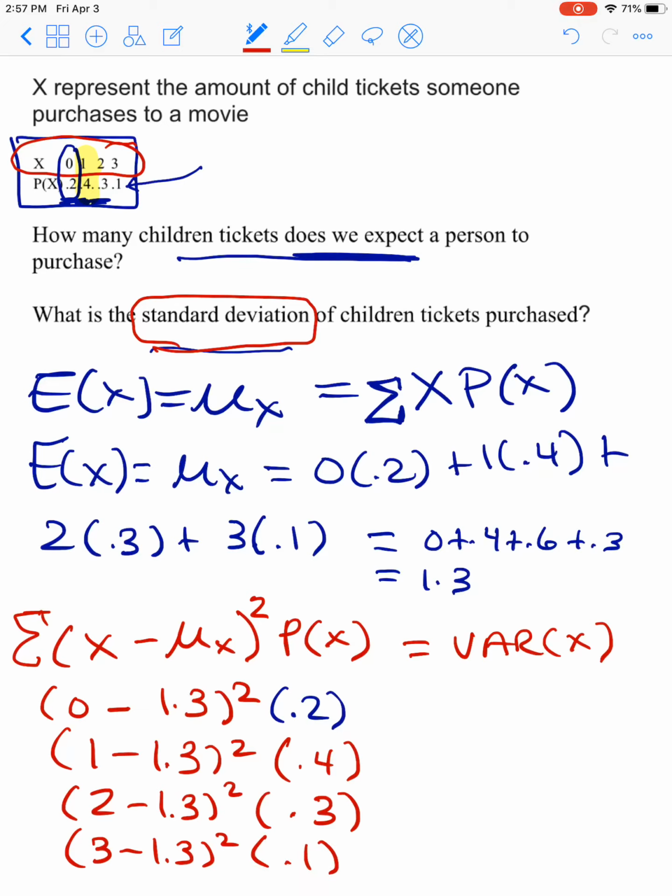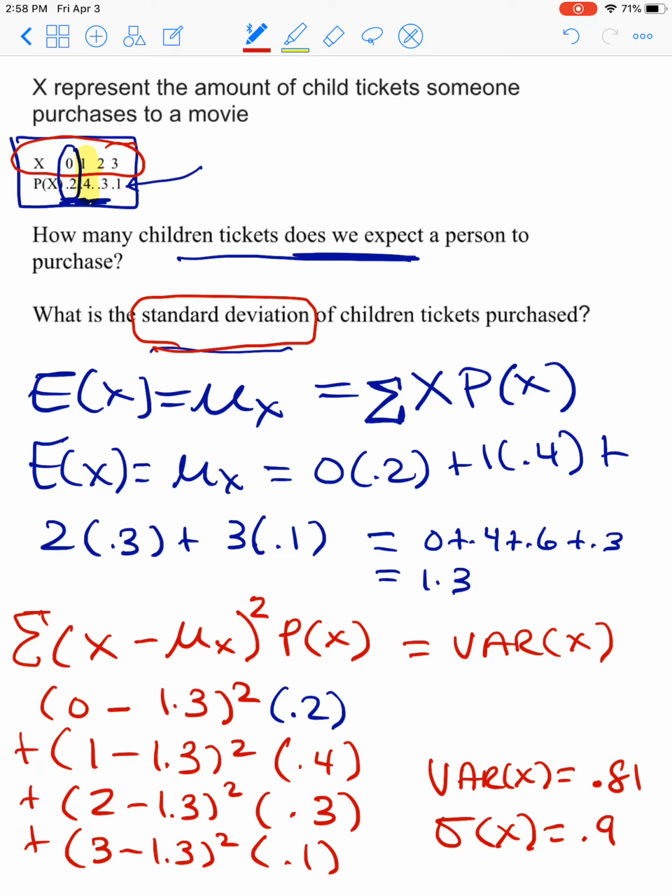Well, I already did the calculations for you. Once we're done doing all of this and adding it up, the variance of X is equal to 0.81, and the standard deviation of X is equal to 0.9, the square root of 0.81. And that's how you find the standard deviation of the children tickets purchased.